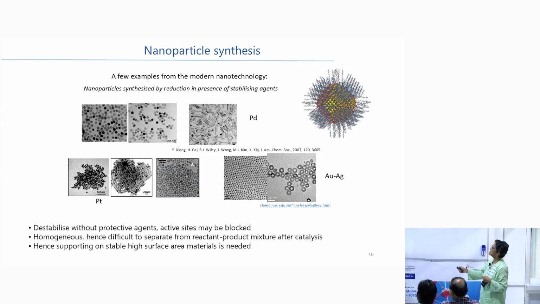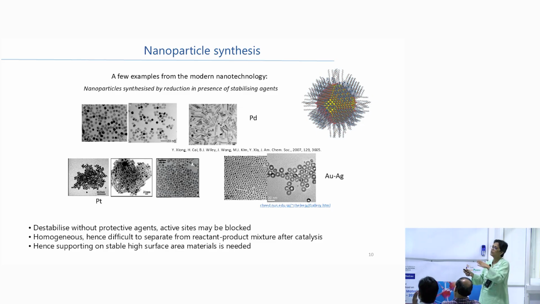And this is how a cube octahedron, which I showed, will look. When I said let something grow, how do you do that? In the synthesis, you protect the other planes. For example, you use some protecting agent to protect the 0, 0, 1 planes, so only 1, 1, 1 will grow. All said and done, all the surfaces will have protecting agents, completely occupied with some ligands.